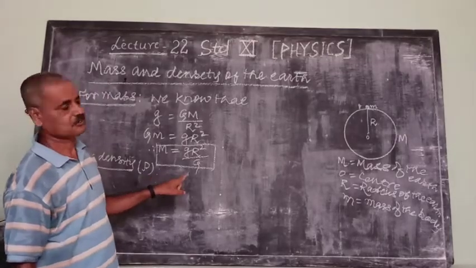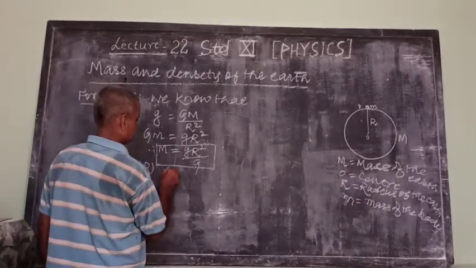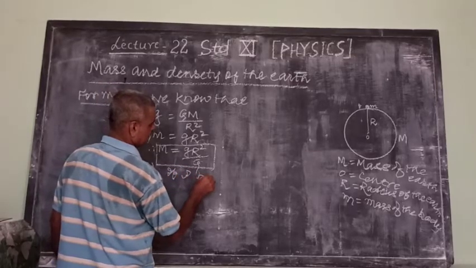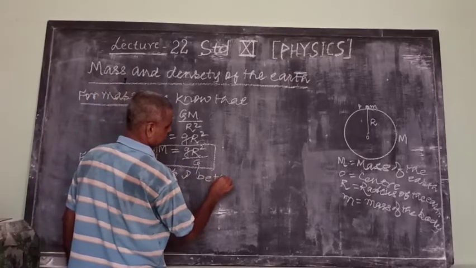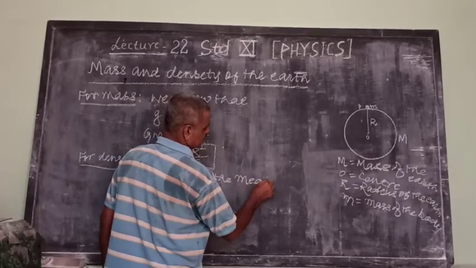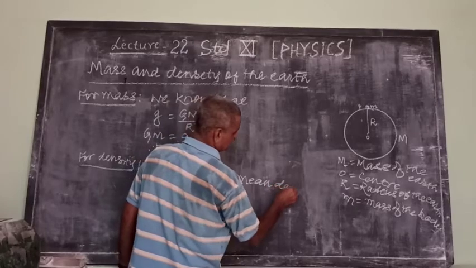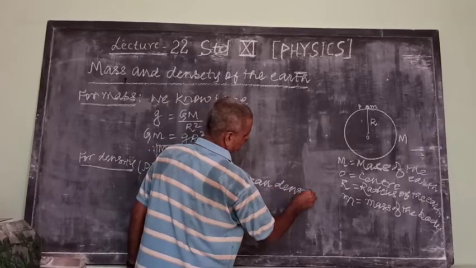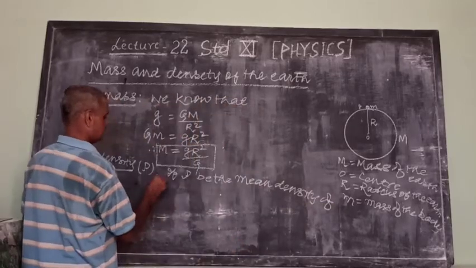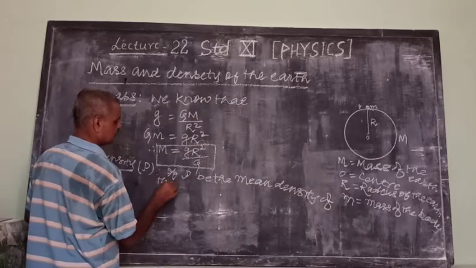So you will write, if rho be the mean density of the Earth.